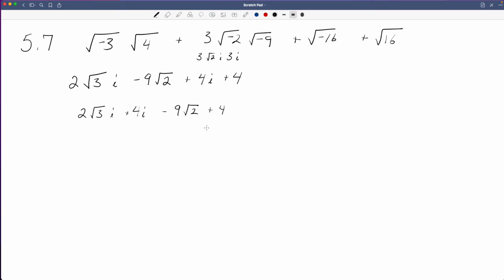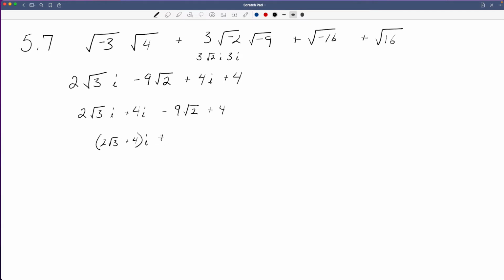We can do this in 2 parts. We would say 2 times the square root of 3 plus 4 times i. We factored the i out.